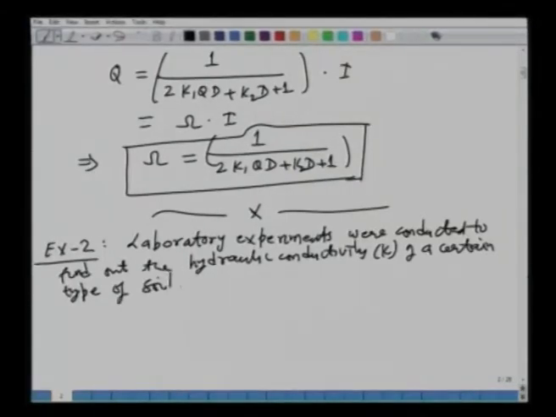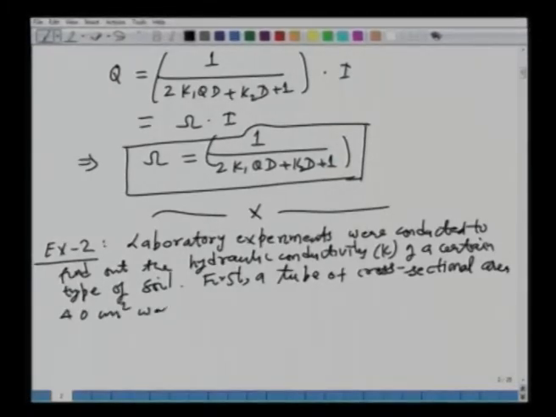How was it done? Well, first a tube of cross sectional area square centimeters was filled with the soil, and laid horizontally.